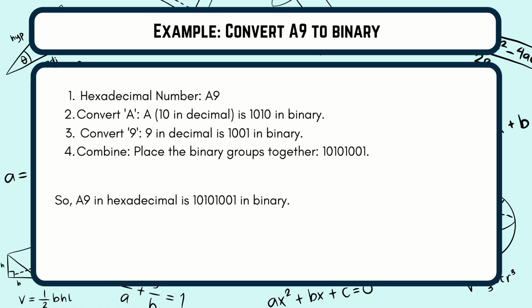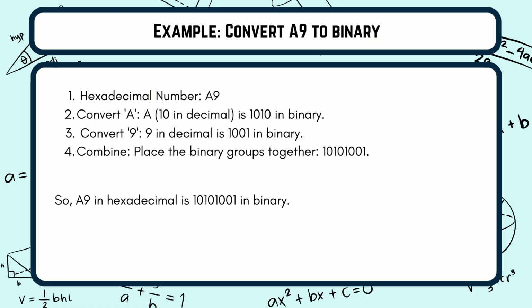So the hexadecimal number we have is A9. So step 2, let us convert A. A in decimal is 10, right?